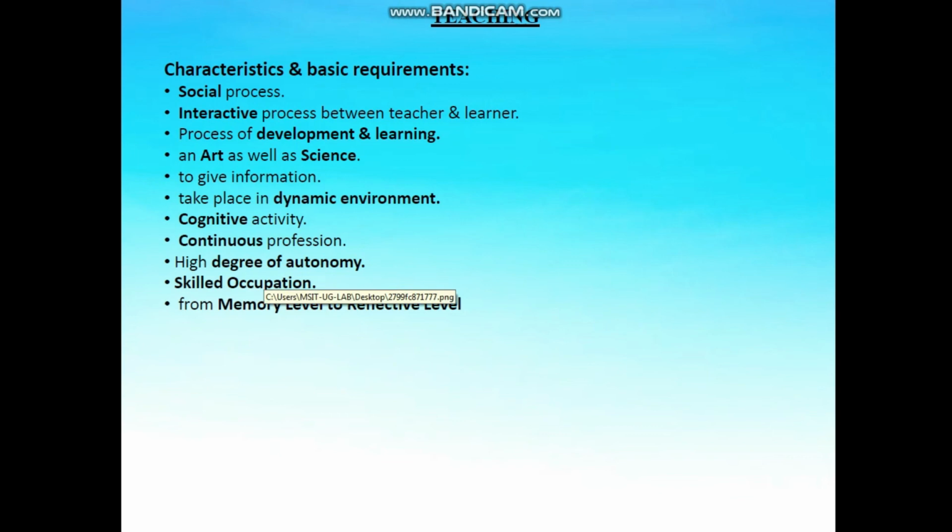It has a high degree of autonomy. It is a skilled occupation, because every successful teacher is expected to know the general methods of the teaching-learning situation. It moves from memory level to reflective level. So these are the characteristics and basic requirements of teaching.